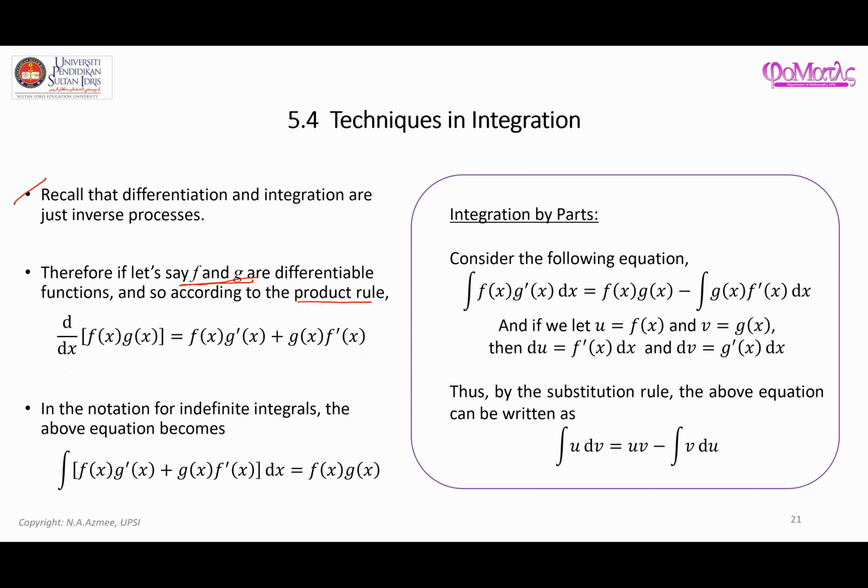According to the product rule, if you have these two functions multiplied together and you want to differentiate this function, it becomes f(x) g'(x) plus g(x) f'(x). So you take turns in differentiating these two functions.